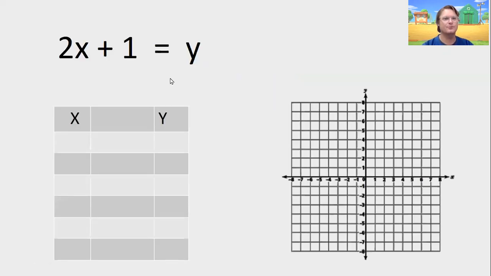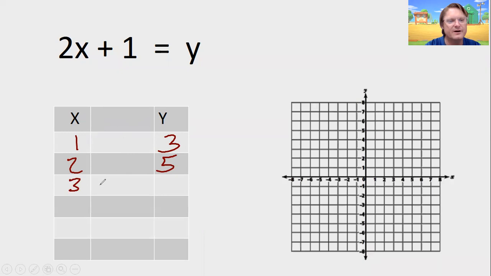So, oh, look what we have. We have the same equation. And look, now I want you to see this. This is what we just wrote. These are some of the values that we put out there. When x was 1, y was 3. x was 2, y was 5. x was 3, y was 7.